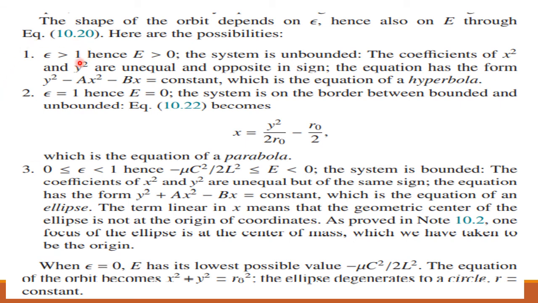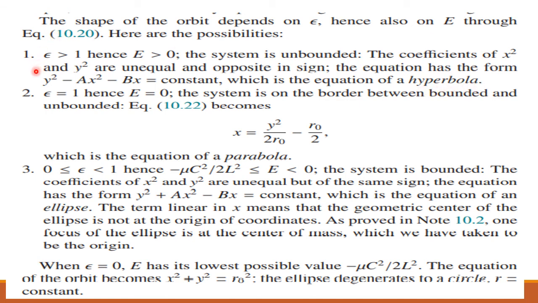In the first case, when epsilon is greater than 1, hence energy E greater than 0, we have shown that the system is unbounded, and the equation reduces to the equation of a hyperbola. That means when E is greater than 0 and epsilon greater than 1, the particle will follow a hyperbolic path.